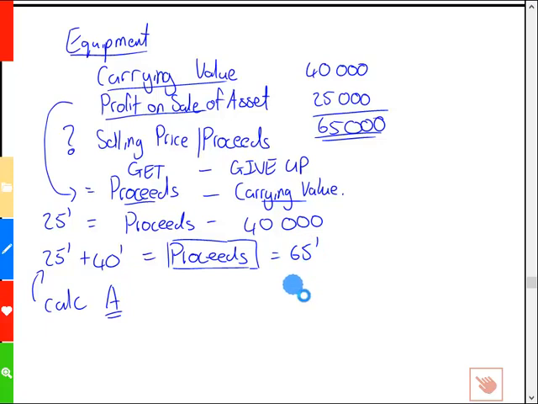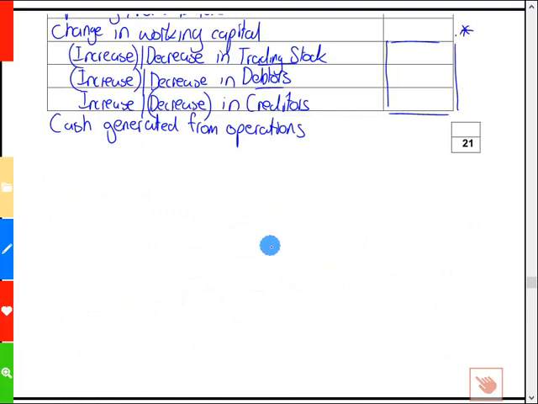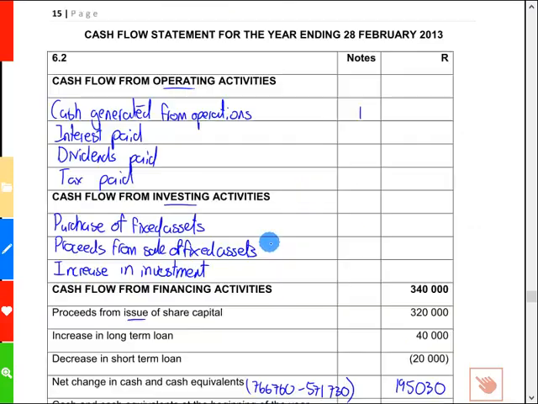So where do we fill this in the cash flow statement? Is this an operating activity, investing activity, or a financing activity? There it is. Proceeds on the sale of fixed assets. That's why you need to know your format, so that when you see that, you know exactly where it's going. This is going to go here: 65,000 Rand, calculation A. And is it an inflow or an outflow? It's an inflow.